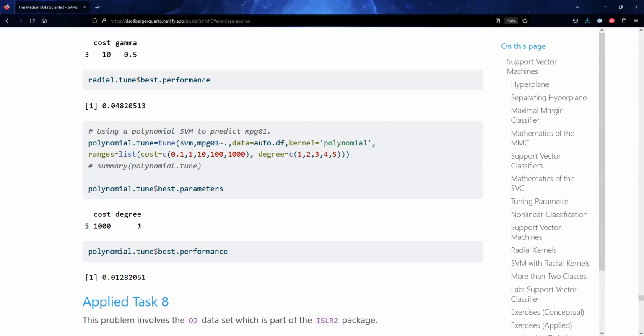It turns out in the data set about cars and fuel efficiency, the linear polynomial, namely a straight line, was the best situation that it found in this particular grid search. You could also compare these best performance values.